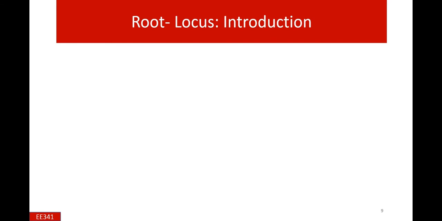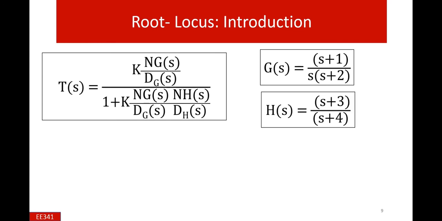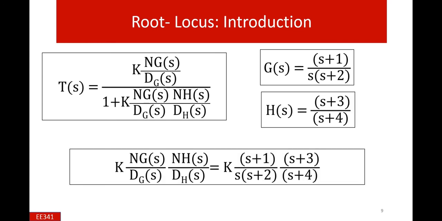Just a quick review from the last lecture: G is given and H is given, then we can find the open loop transfer function like this one, and we will analyze it in a way that helps us understand the root locus.